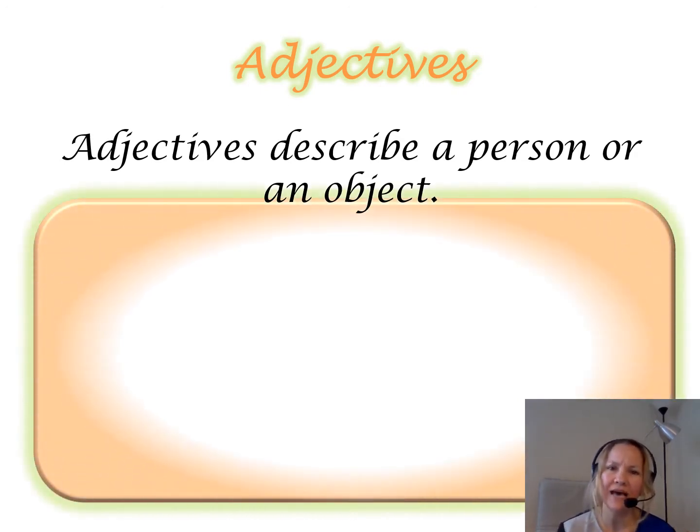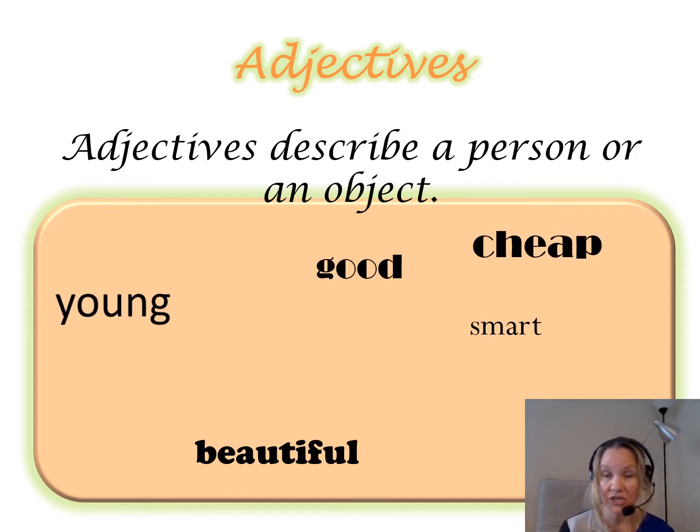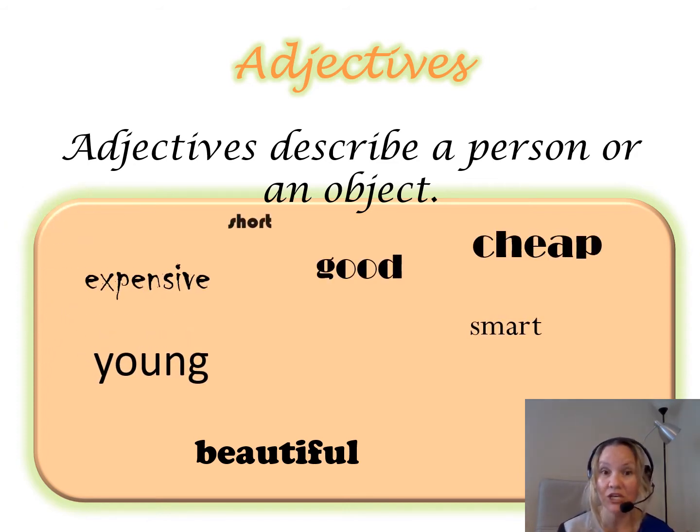Some of the adjectives are beautiful, smart, cheap, good, young, tall, expensive, and short. In a couple of slides, I will explain the rules for how to use these adjectives to compare objects, okay?